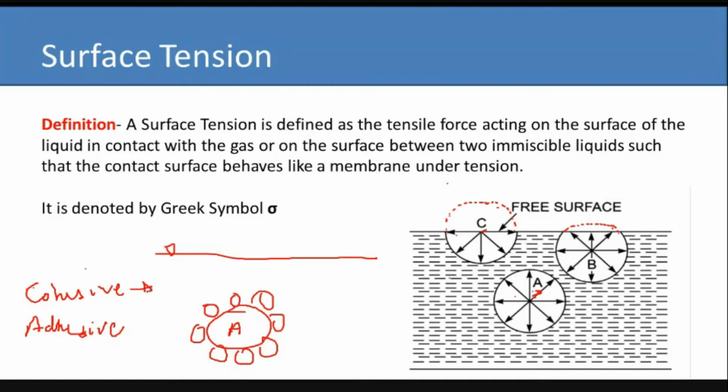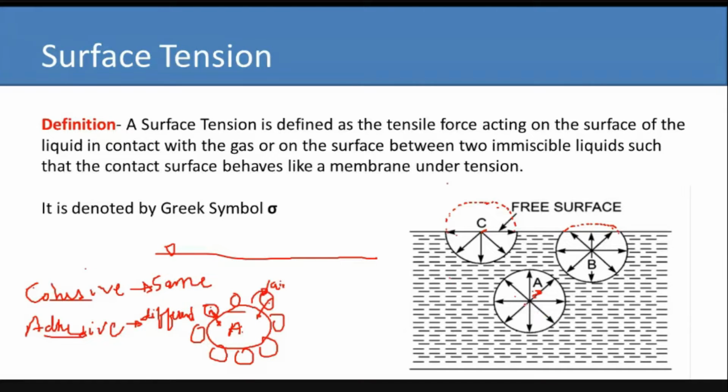Cohesive force is a molecular force between the same type of molecules. That means if it is a liquid molecule and the surrounding molecule is also a liquid molecule, whatever the force of attraction between similar type of molecules, that is cohesive force. And adhesive force is a molecular force, or force of attraction, between different molecules. That means if this is a liquid molecule and the surrounding molecule is an air molecule, the type of force will be adhesive force.